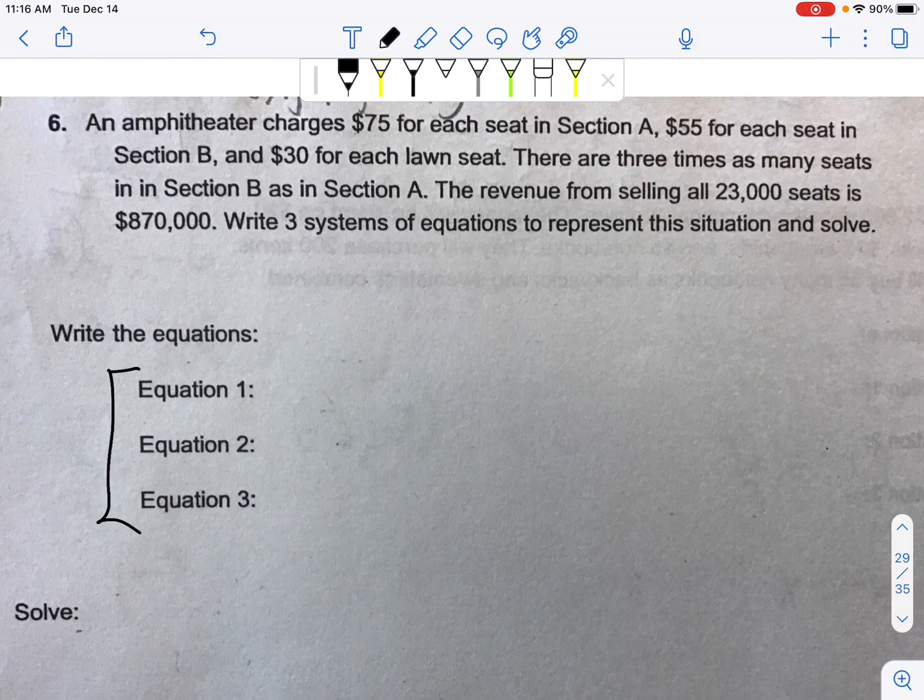An amphitheater charges $75 for each seat in section A, $55 for each seat in section B, and $30 for each lawn seat. So we don't have all the information quite yet.